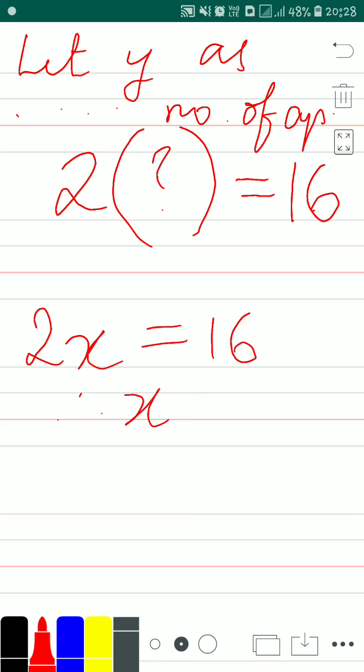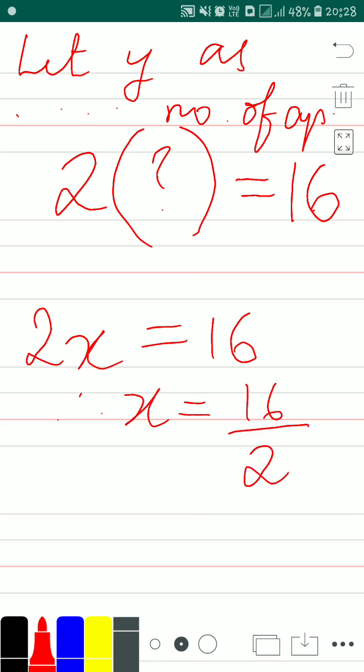Therefore, x is equal to 16 upon 2. Therefore, x is equal to 8. This is our final answer. Now you are going to write as the final answer the number of apples were 8.